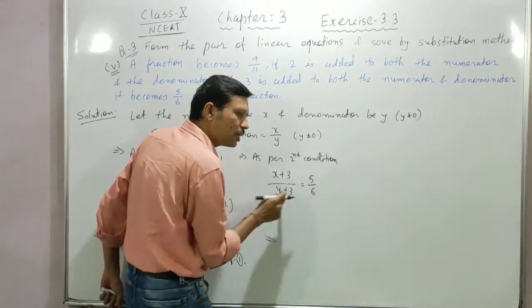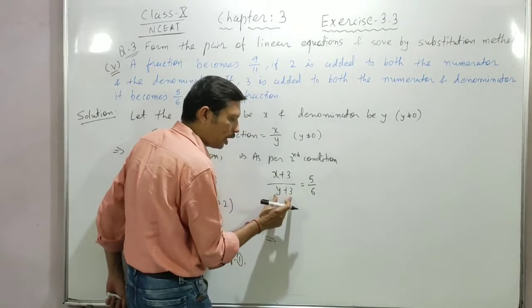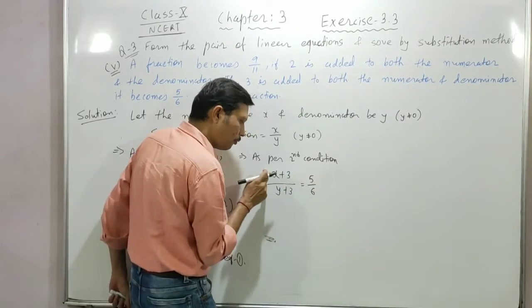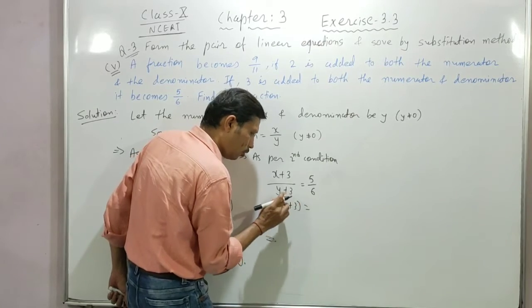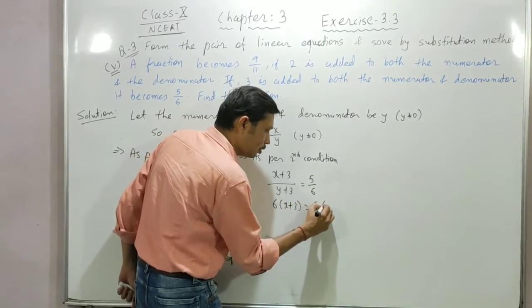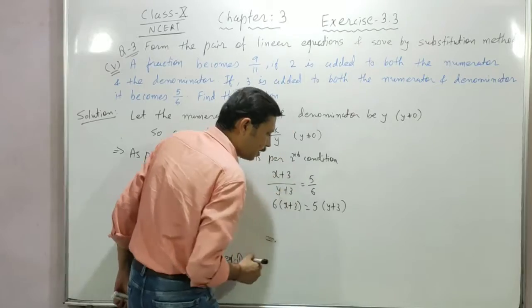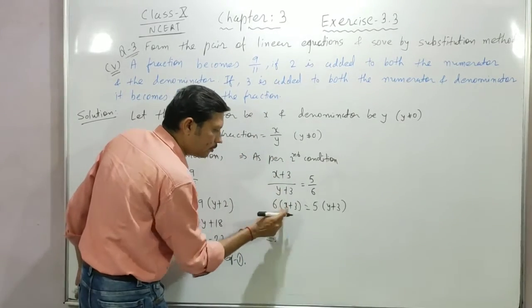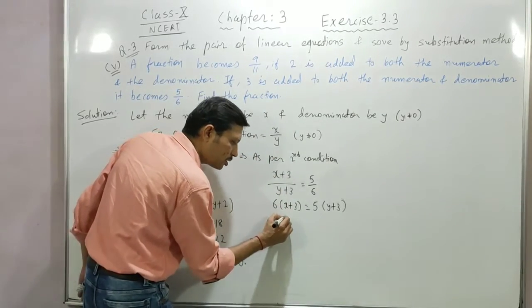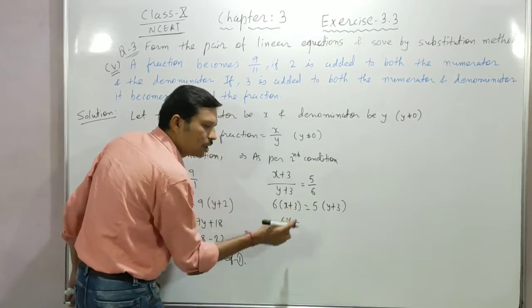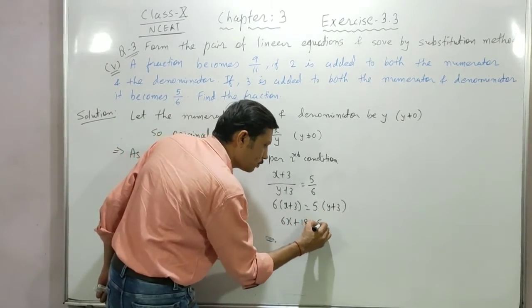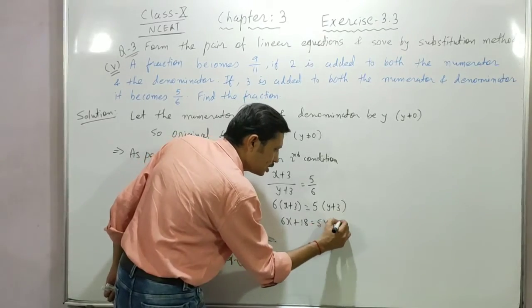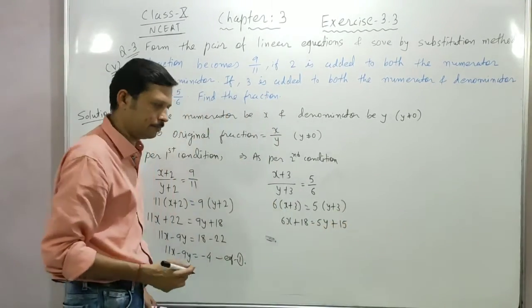Now we will do the cross multiplication. So 6 multiply with x plus 3, y plus 3 multiply with 5. I will expand here. So 6 multiply with x, 6x. 6 multiply 3, 6 3s are 18. 5 multiply here, so it will be 5y and 5 3s are what? 15.